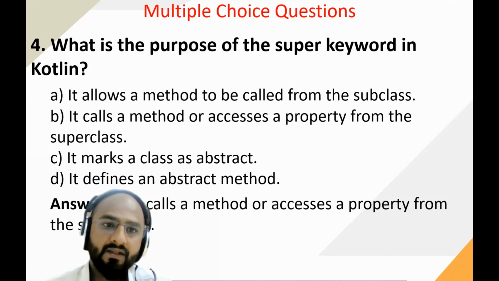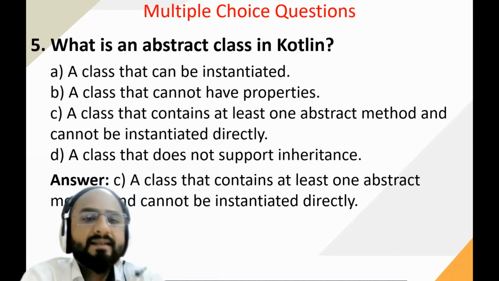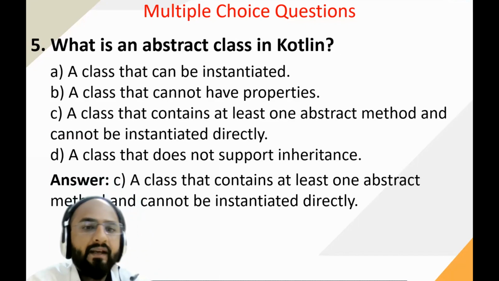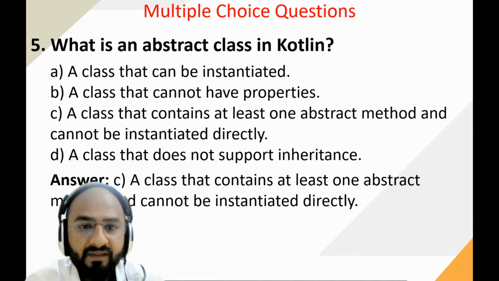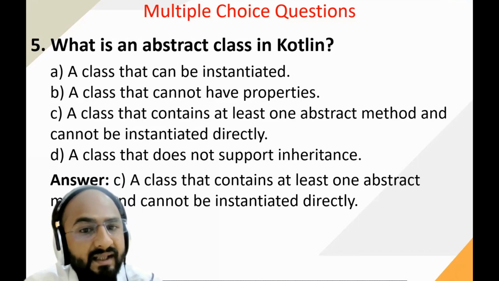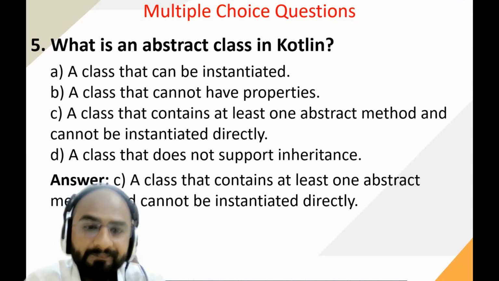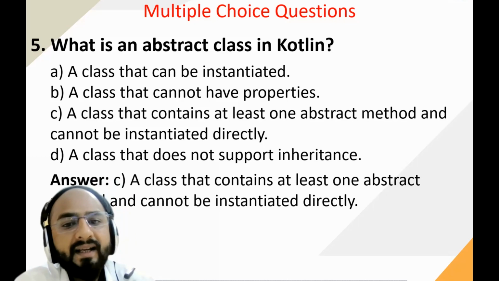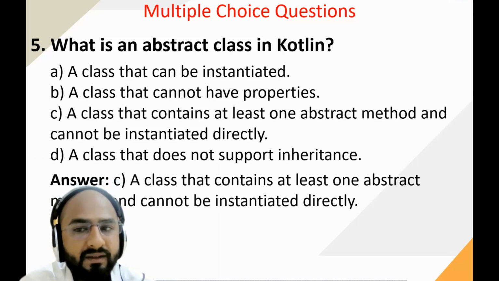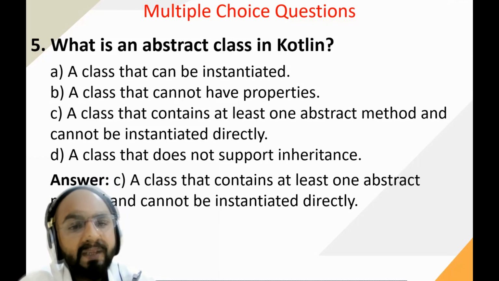Right? What is an abstract class in Kotlin? A, a class that can be instantiated. B, a class that cannot have properties. C, a class that contains at least one abstract method and cannot be instantiated directly.